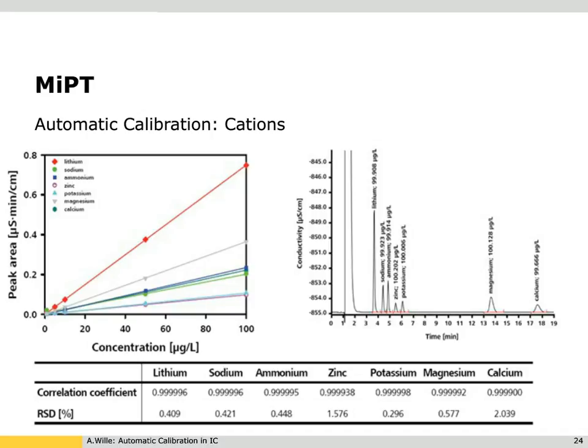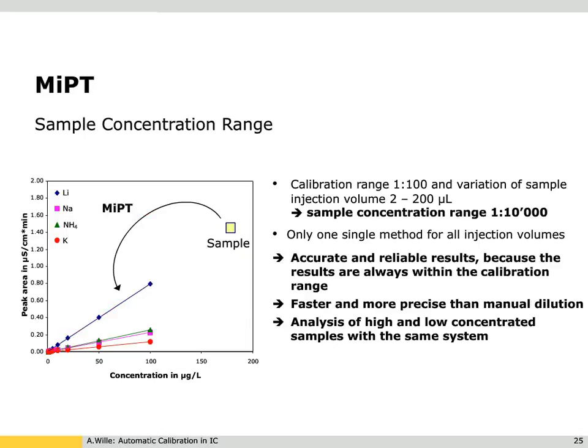We can use MIPT technique also for measuring samples, and here we do the same. We compare the peak areas of the sample with the highest standard. If it is within the calibration range, everything is fine, the results are reliable, and the results are reported. If it is out of the calibration range, the system automatically calculates the optimal injection volume which would be necessary for this sample.